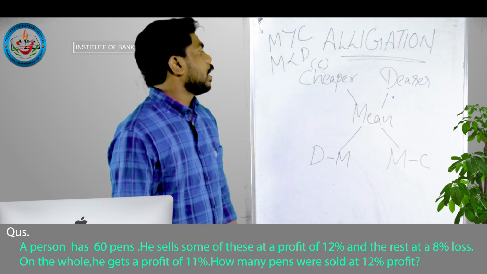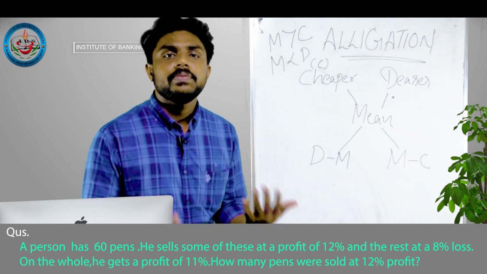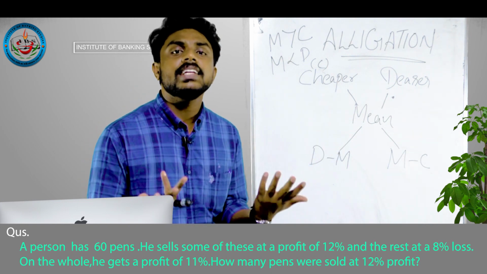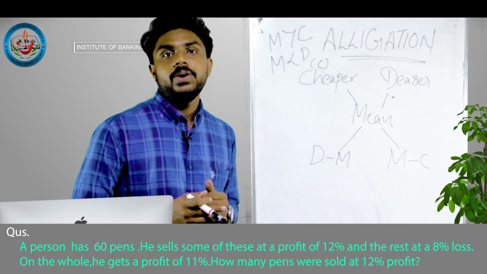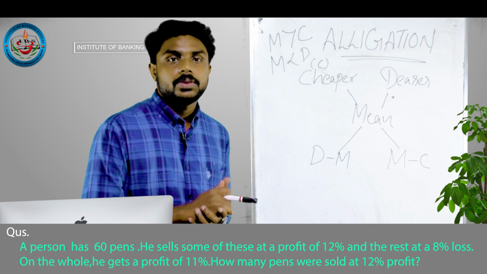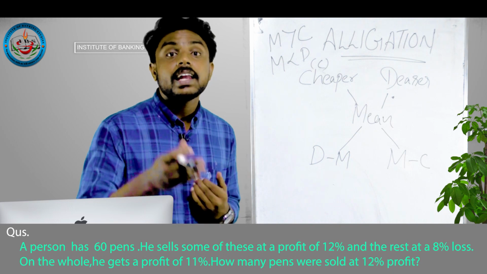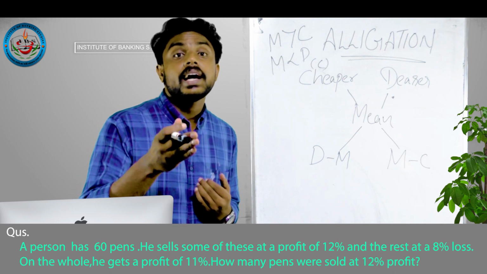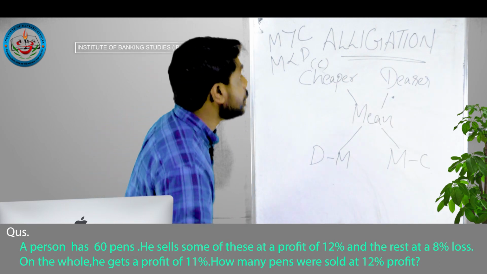There is a cheaper quantity, a dearer quantity and a mean quantity. From this question, what is the cheaper quantity, what is the dearer quantity, and what is the mean value? We know loss is always regarded as a negative aspect, so we can take loss as our cheaper quantity. Here, some pens are sold at an 8% loss.